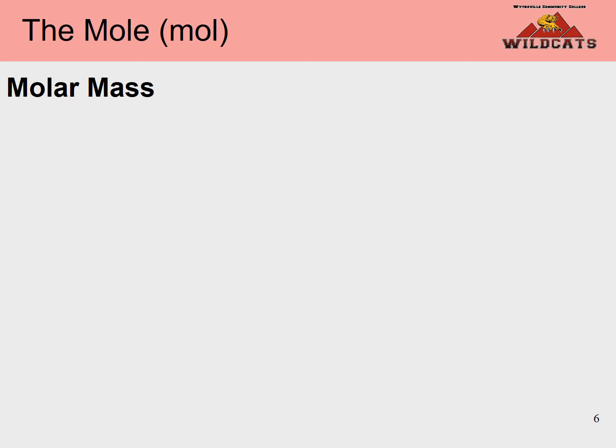So if we go to find molar mass, remember the molar mass is the mass of 1 mole of something, and so we need to turn this into a conversion factor so we can do some conversions with it, similar to what we were doing with metric conversions in chapter number 1. So the conversion factor for molar mass is grams per mole. Now we know that there are 1,000 grams in a kilogram and 2.54 centimeters in an inch.